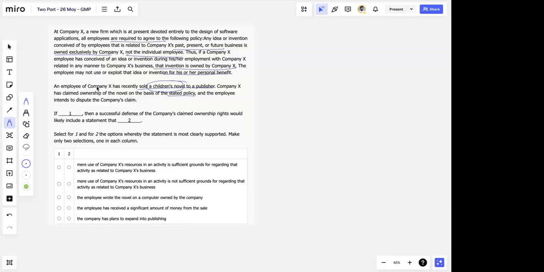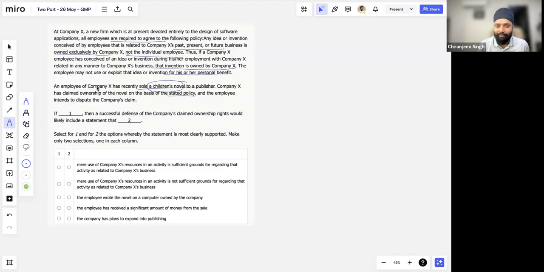So what I got was, if something happens, some situation out of the following options, then a successful defense of the company's claimed ownership rights, which I understood to be a defense for the employee. So the employee would say something that would go against the policy and prove that he has the right. Defense of the employee. Yeah.